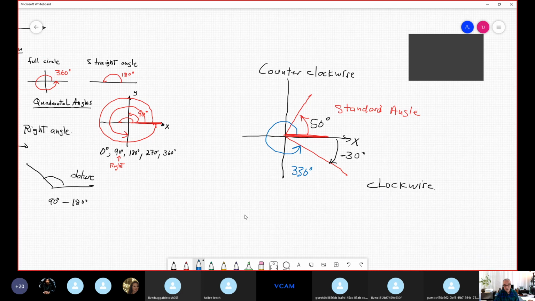Personally, I don't like the negative direction. Using the positive direction is always counterclockwise. So this angle is 330 degrees, plus 30 is 360, right? Okay, this is the idea for the angle.